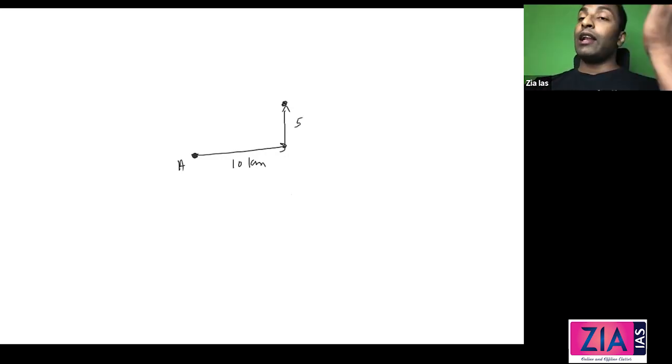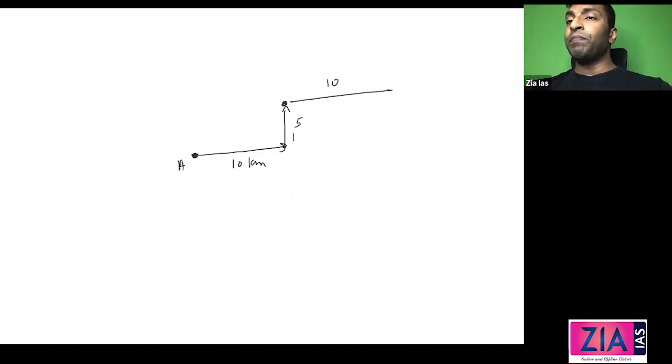Then they can tell you you are going right or left. Say they ask you to go right another 10 kilometers, or 10 meters, or whatever it is. So you travel left 5 kilometers and then right 10 kilometers.